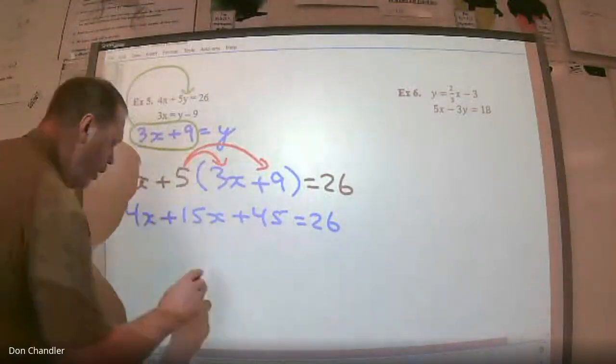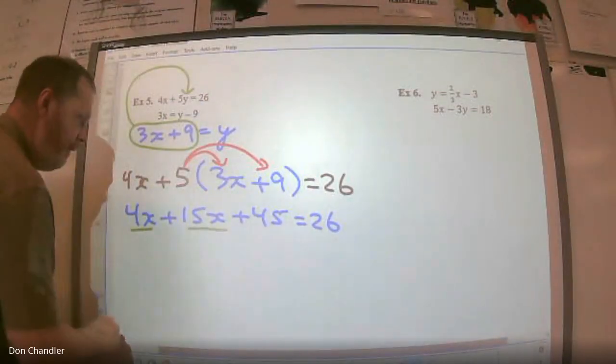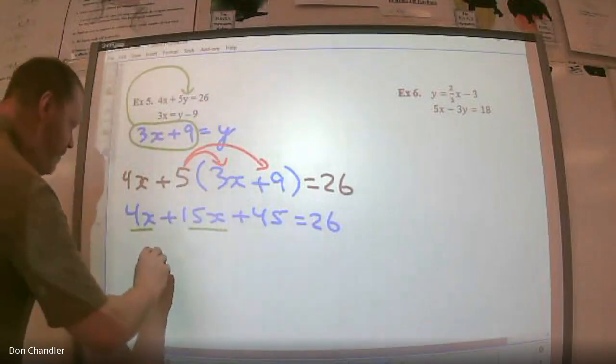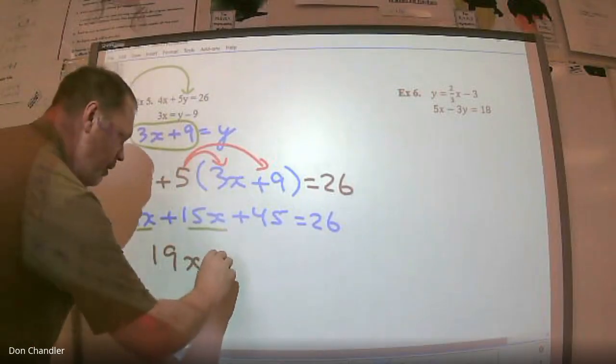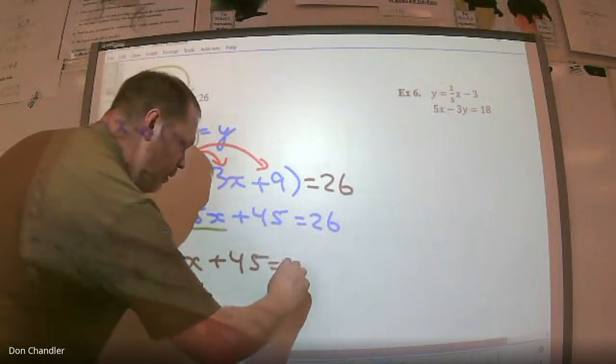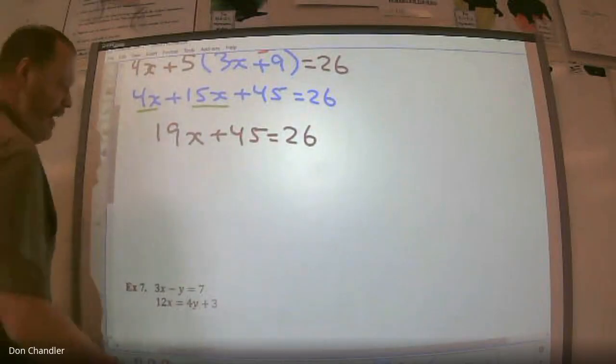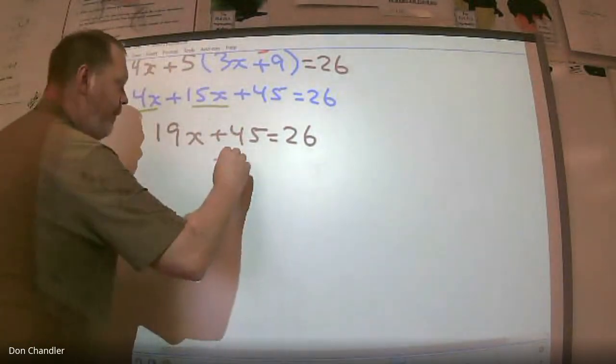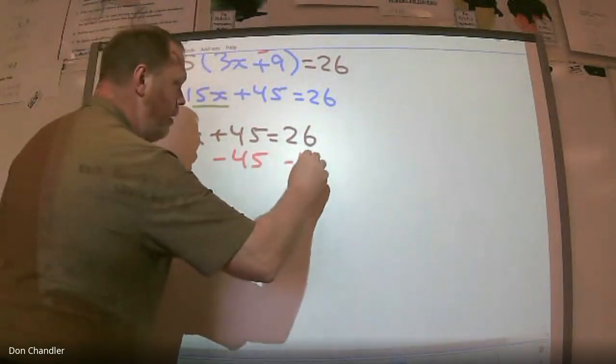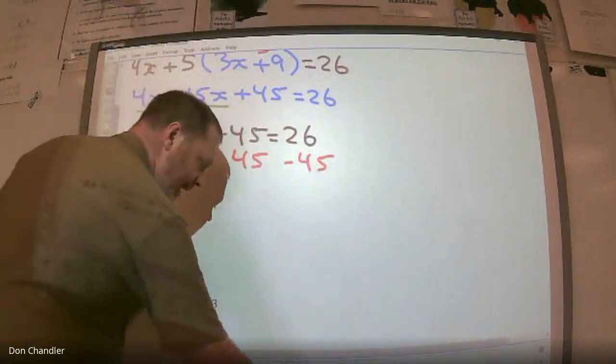Combine up some like terms, 4x and 15x, I believe is 19x plus 45 is equal to 26. All right. How do you get rid of adding 45? You subtract 45 from both sides.